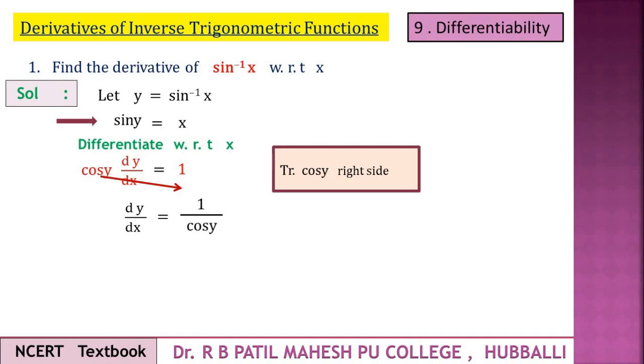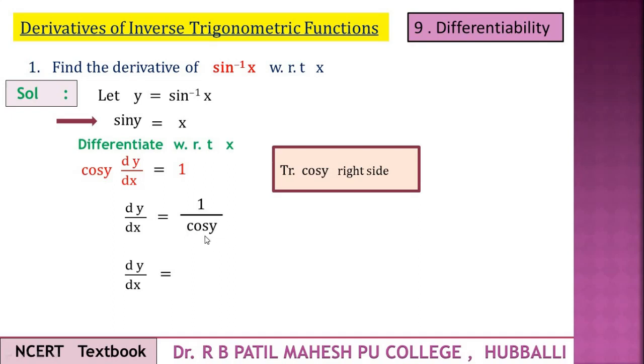Now the answer is in the y variable, cos y. So let us write this answer in terms of the x variable. y means sine inverse x. On the left side we have dy by dx, the derivative of sine inverse x, and on the right side we will get the derivative of that function. Now I am writing cos y in terms of x.